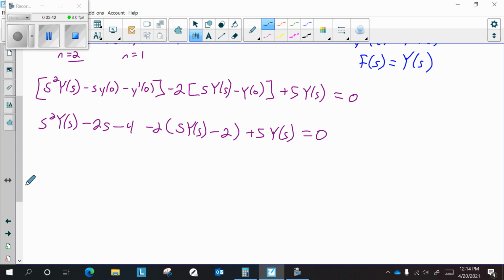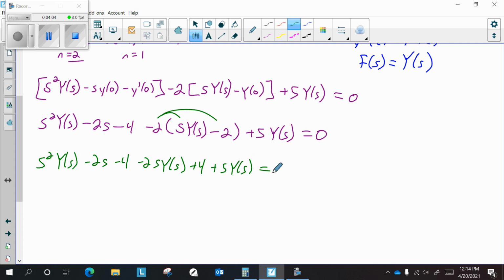So some of our terms have Y of s's in them, some don't. Let's go ahead and distribute here, and let's copy what we have. So that's going to make that a minus 2s Y of s plus 4.